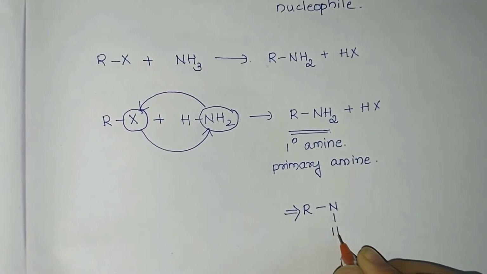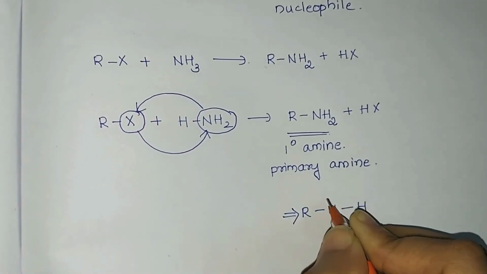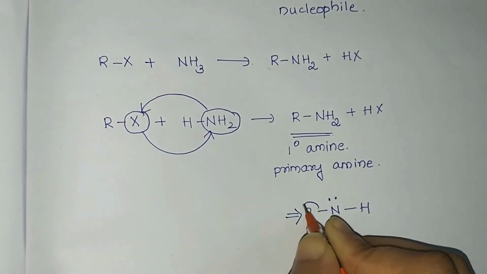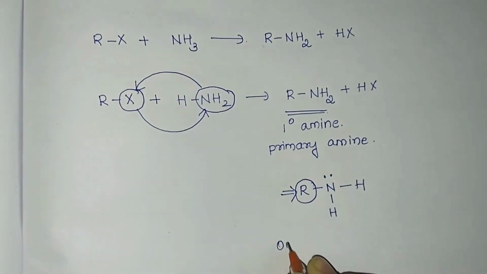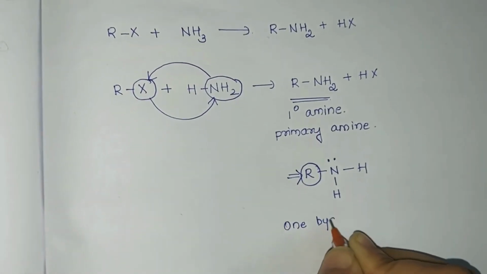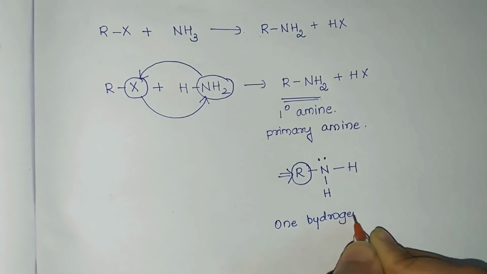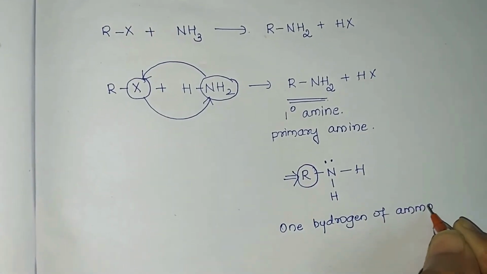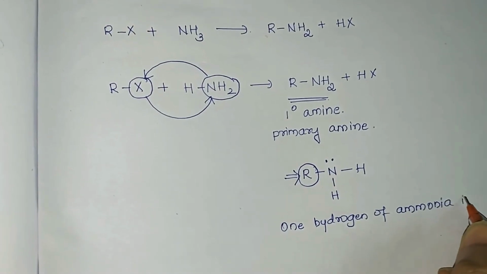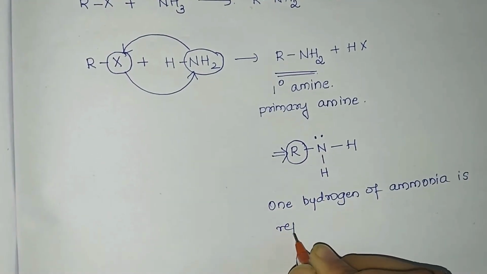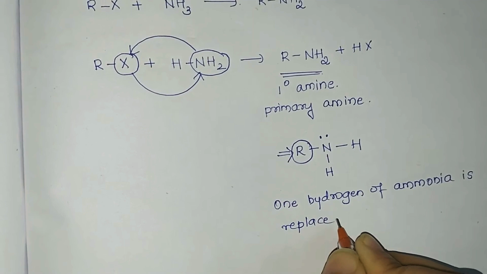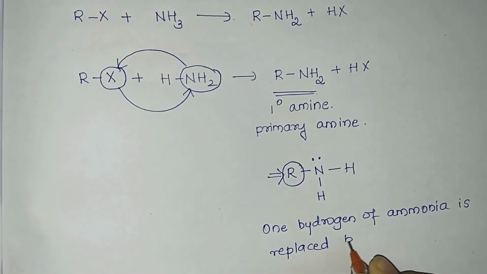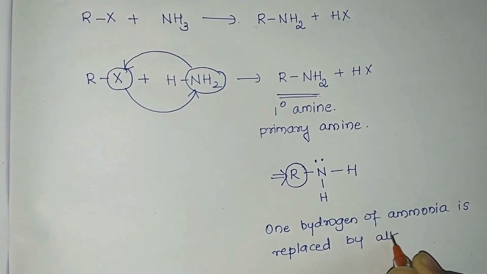So one of the hydrogens of ammonia is replaced by an alkyl group. So we call it what? Primary amine. Or else you can say that nitrogen is surrounded by one carbon atom, that is one alkyl group, so it becomes a primary amine. This you will be studying in detail in the unit on amines.